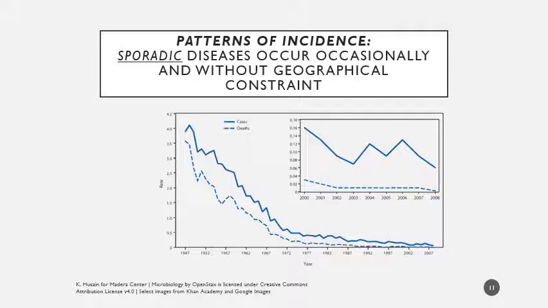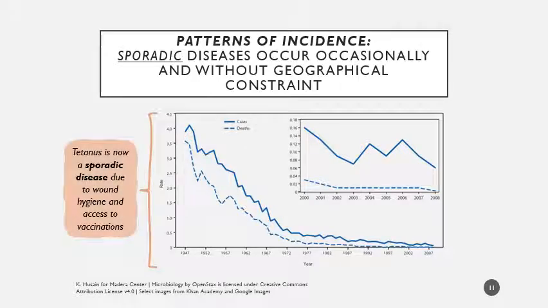So when we're thinking about incidence specifically, how many new cases are we getting? We can look at various patterns of that incidence. If something has a sporadic pattern of incidence, that means that it happens occasionally. There's no geographical constraint. It's just random who is getting this condition and where. One example, which is shown here, is tetanus.